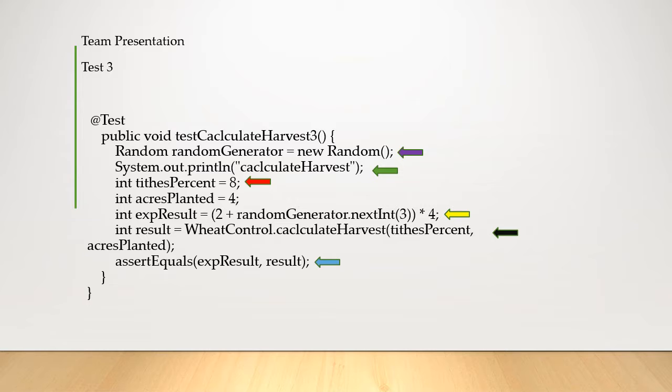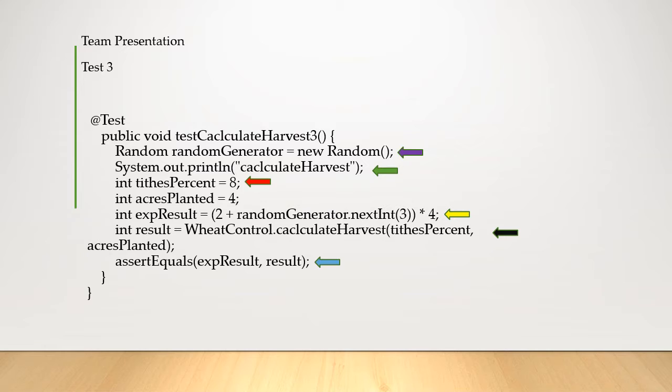Now under the purple arrow you see the random generator. It basically gets called in this section and it throws out any number in there to help test our method. Underneath that, under the green arrow, is the System.out, which means basically if the test is successful, it will display or print the message there.